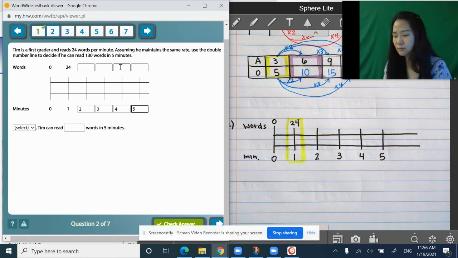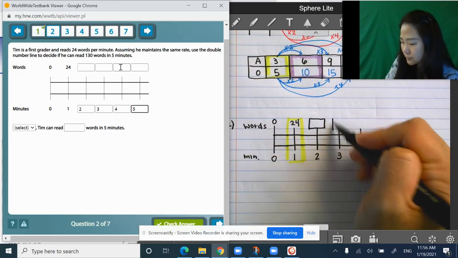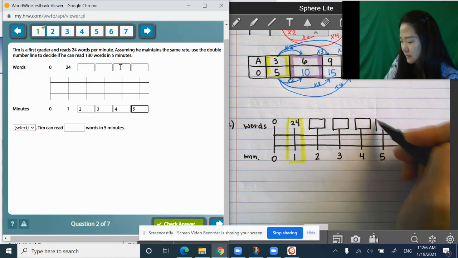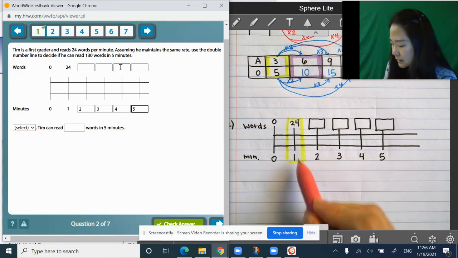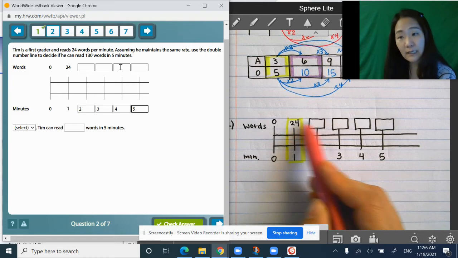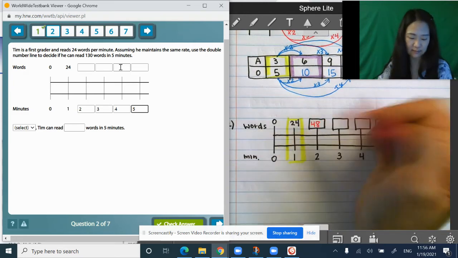And I'm going to use a multiplicative relationship to find out how many words for 2 minutes, 3 minutes, 4 minutes, and 5 minutes. So 1 times 2 is 2. So 24 times 2, you can use your calculator, 48.